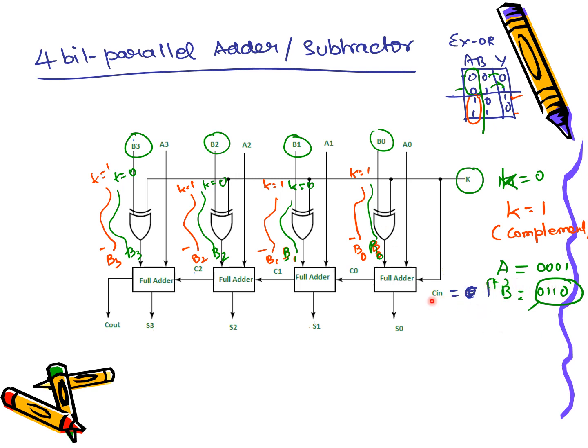So finally you will obtain the 2's complement of B, and finally it will be added with A. So when K is 1, it performs inversion and makes the circuit function as a subtractor. This is how you have to explain it in your theory, with the explanation I have given. So this is a simple explanation of the 4-bit parallel adder subtractor.